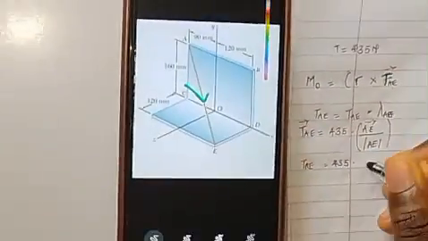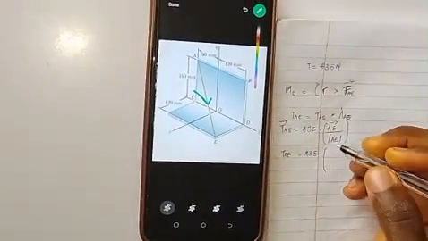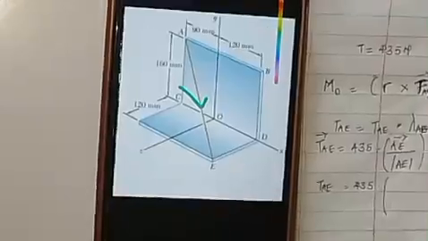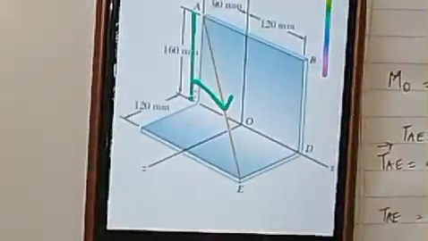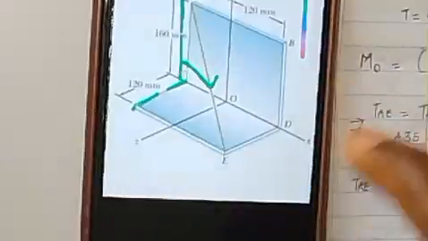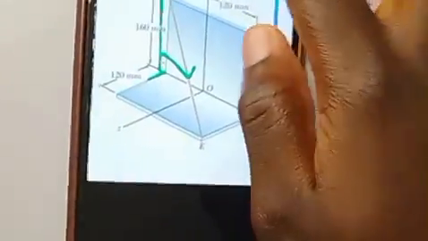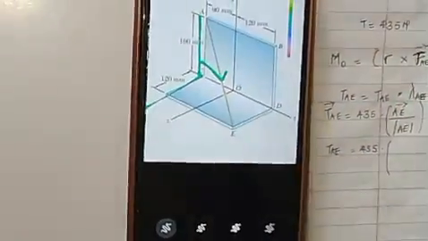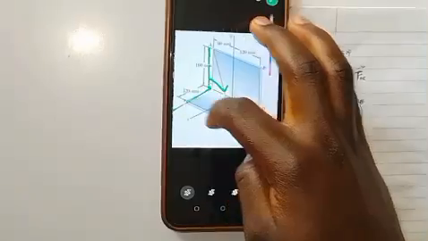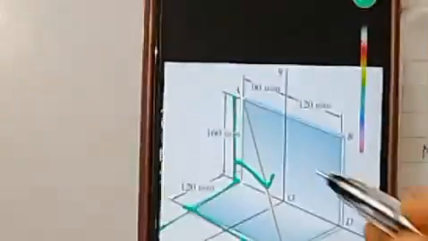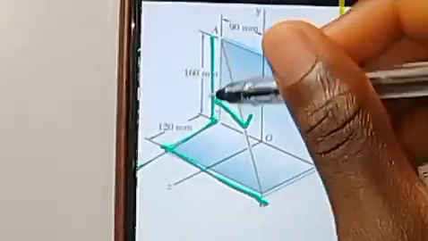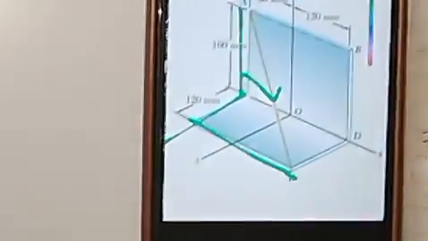435 dot. So now let's check from A to E. From A to E, firstly we go in this particular direction, also in this direction, and then lastly we come in this direction. So we are converting everything to meters, so we divide each value by 1000.